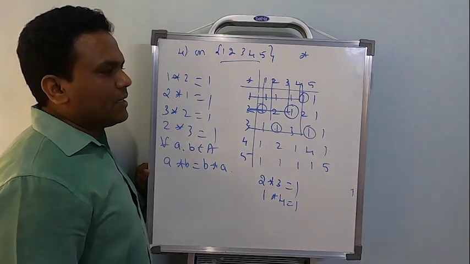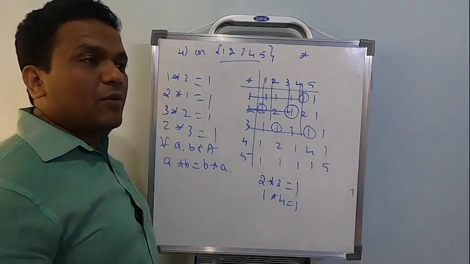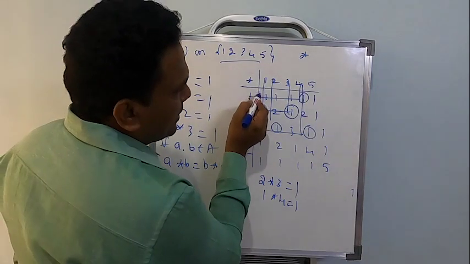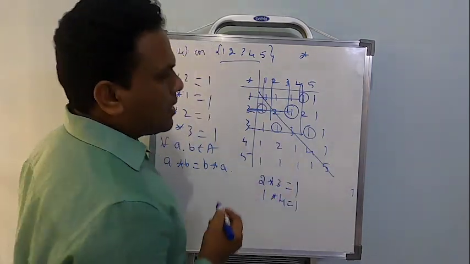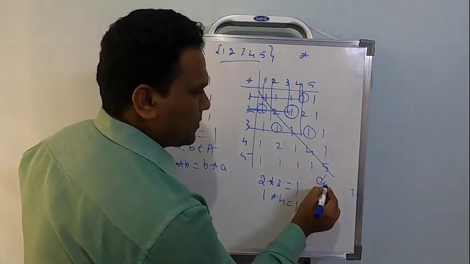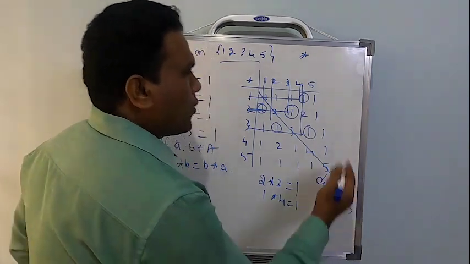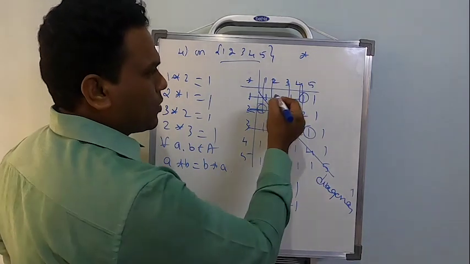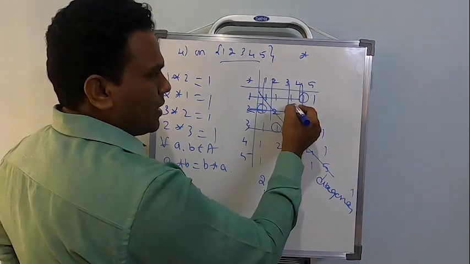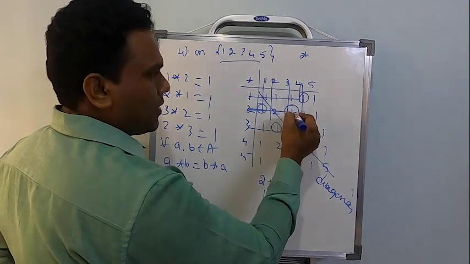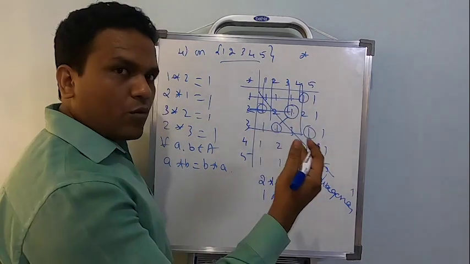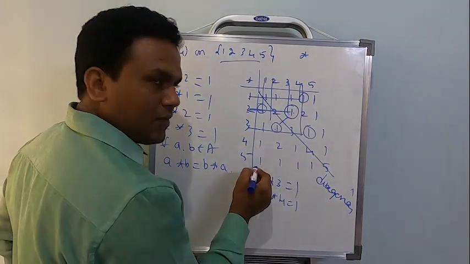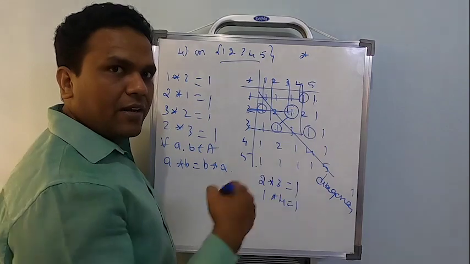This is one method. There is one more method to check commutativity using the table. The way of checking: this is the diagonal. Fold the table along the diagonal. When you fold it, 1 will coincide with 1, and here 1 will coincide with 1. It should be the same on both sides whenever I fold it.